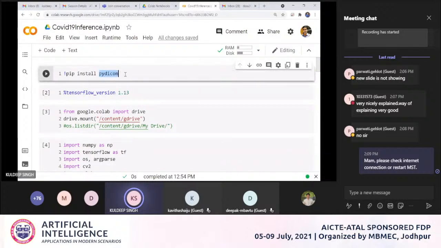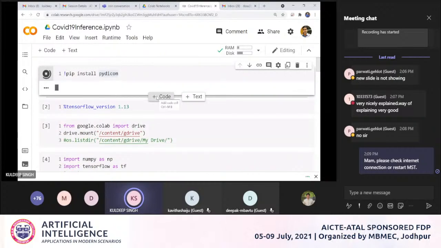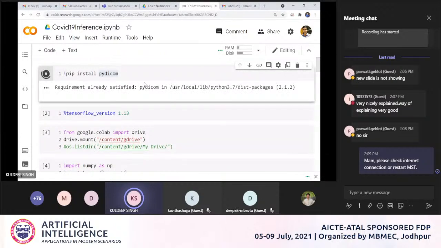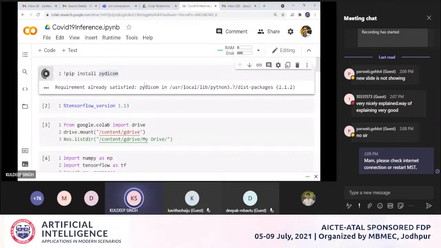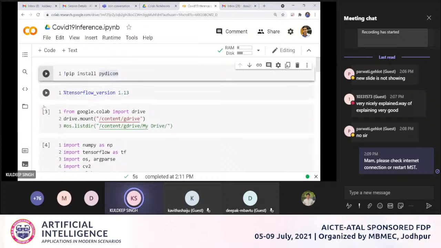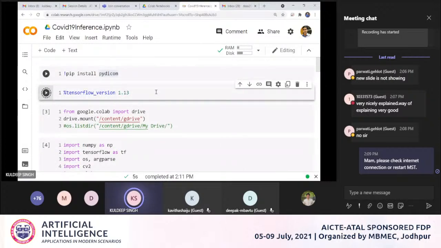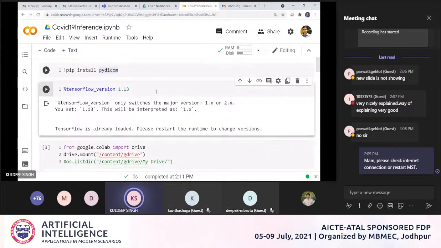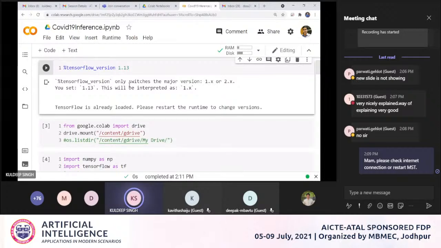Firstly, I am installing the library PyDicom for the display of the images. It says that TensorFlow switches between major versions. You have set 1.13, and this will be interpreted as 1.x.